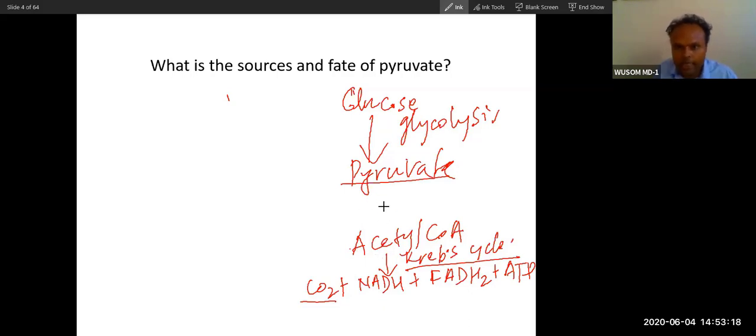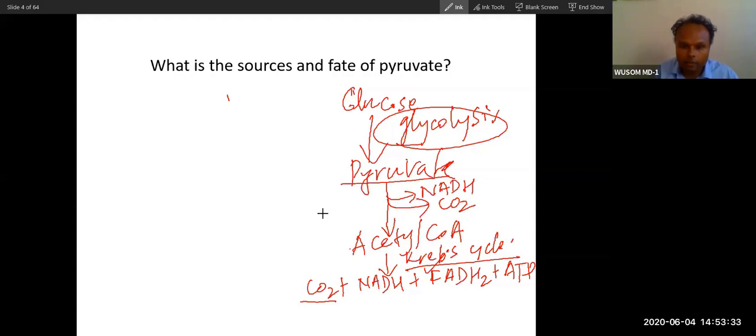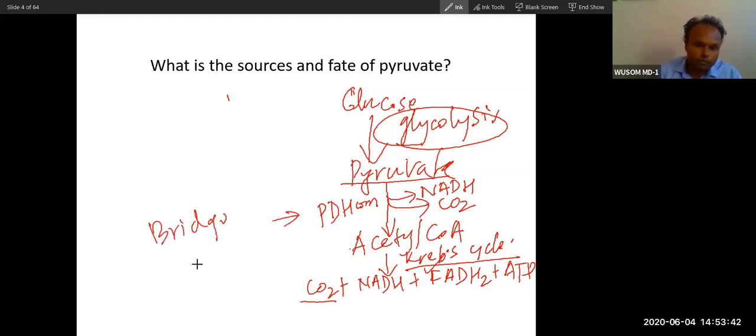So there is a bridge reaction that joins glycolysis and Krebs cycle. This bridge reaction is conversion of pyruvate into acetyl coenzyme, with release of 1 carbon dioxide and 1 NADH. It is catalyzed by pyruvate dehydrogenase complex.